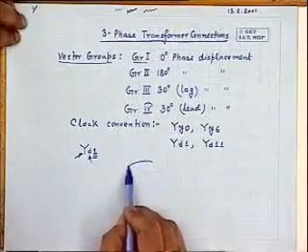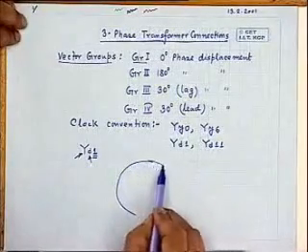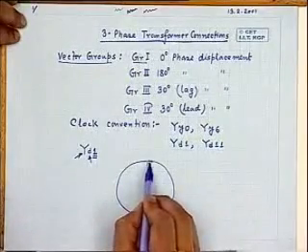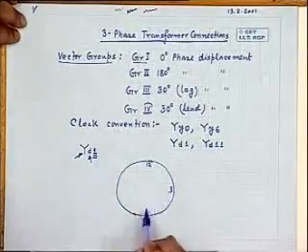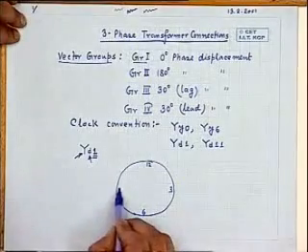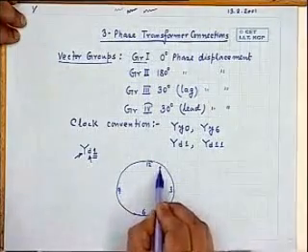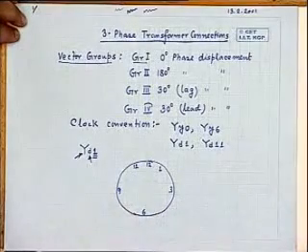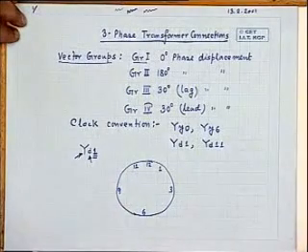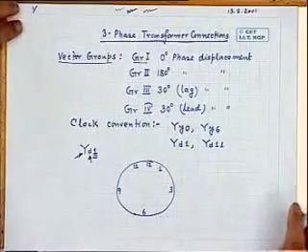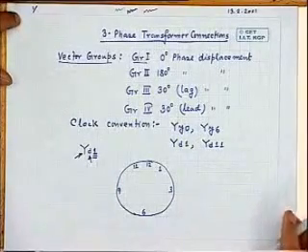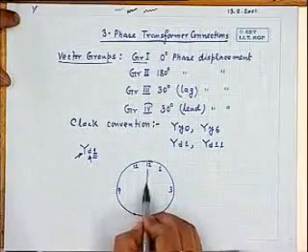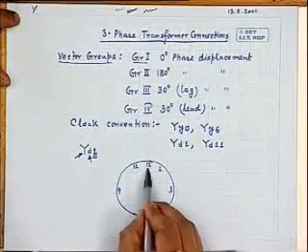Suppose you have got a clock, where it is 12, 3, 6 and 9, and here it is 1 and here it is 11. Now, it simply means that the primary voltage with respect to neutral is positioned and represented by the hour hand of the clock.